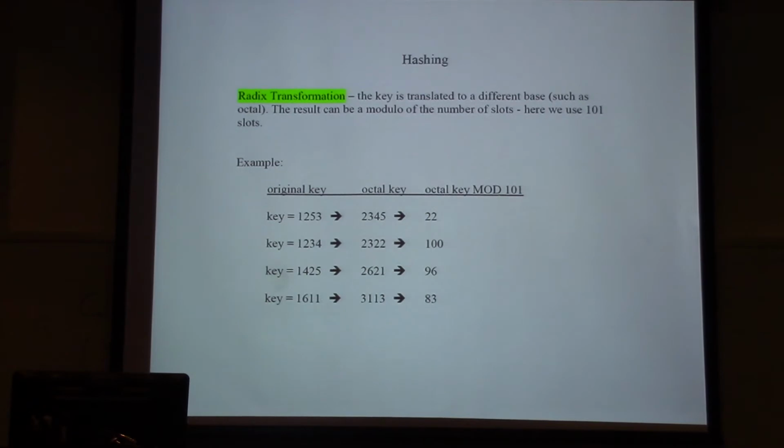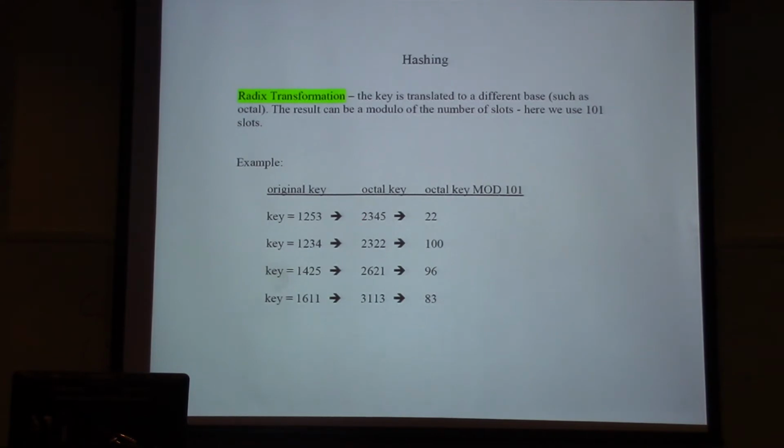Another way is to do some things using a different base. So you take the original key, 1253, and convert it to base 8. So this is 5 times 1, 4 times 8, 3 times 64, and 2 times 8 times 64, which is 2 to the 9.